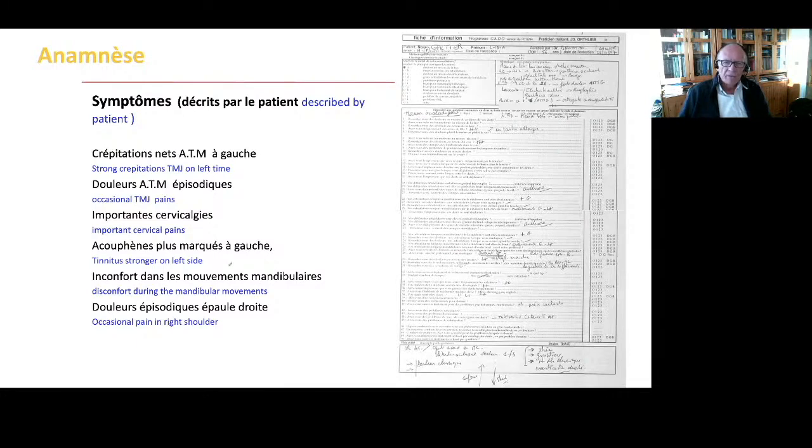Here it is a questionnaire of the patient, and we have symptoms described by the patient. Crepitation on left. TMJ pains, but not continuous. Important cervical pains. Tinnitus, stronger on the left side. Discomfort during the movement.